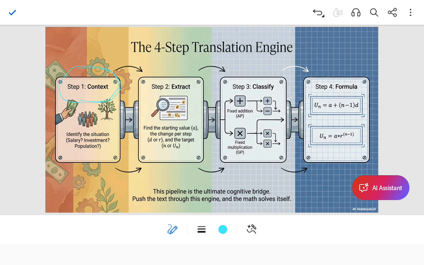Whether it is algebraic or word problem, please read the context and identify the identities. Get the values that you need to work from it. Then you classify: is this going to be arithmetic or geometric? Then you know which formula to apply.